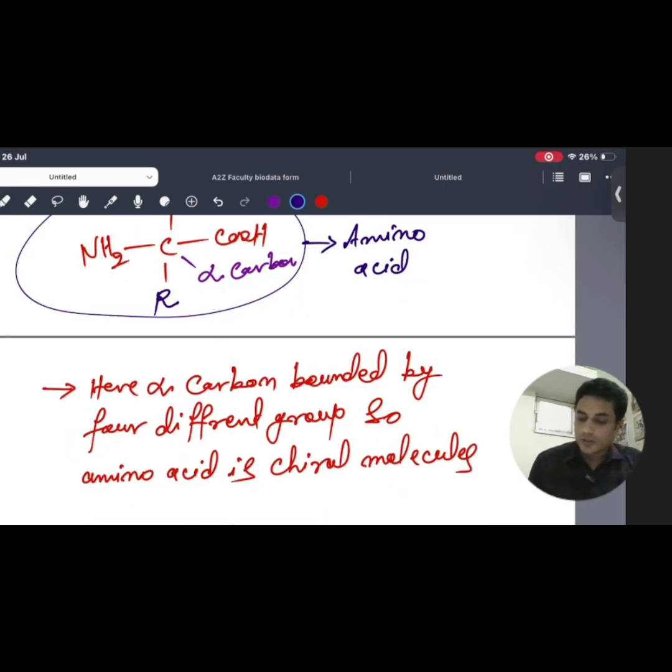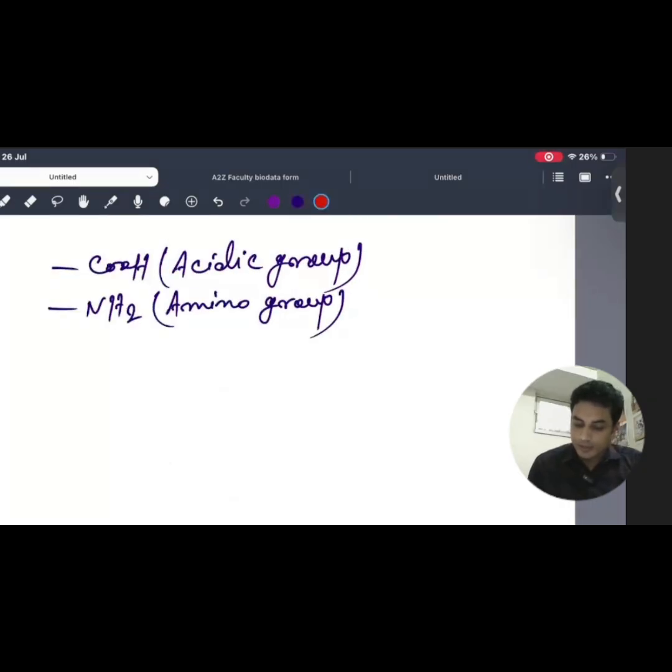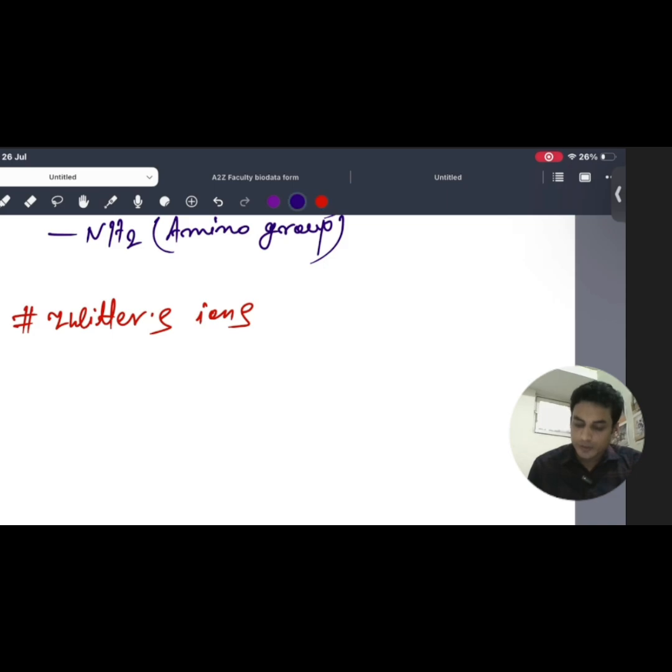What is a zwitterion? Take any amino acid and draw it here: C, C double bond O and OH.